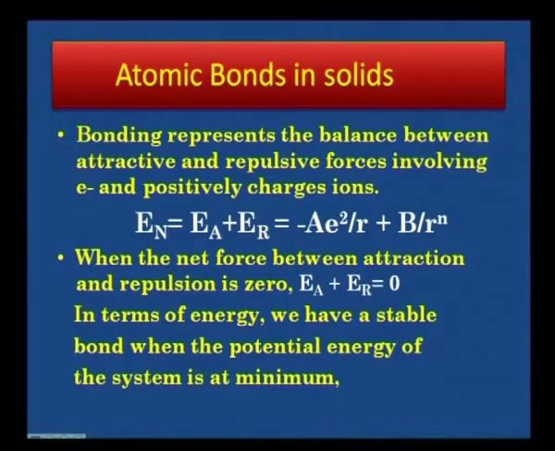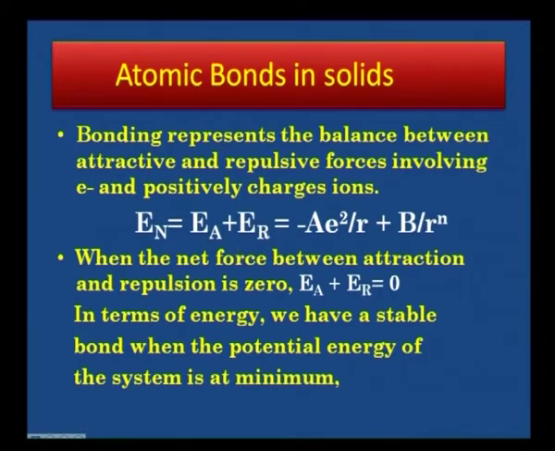In an ionic solid, which means a collection of positive and negative ions, and even in metallic bonding, the Coulombic attraction will be there and then repulsion will be there. So E n, the net resultant energy, will be the sum of the two energies. E A refers to the attractive energy and E R refers to the repulsive energy.